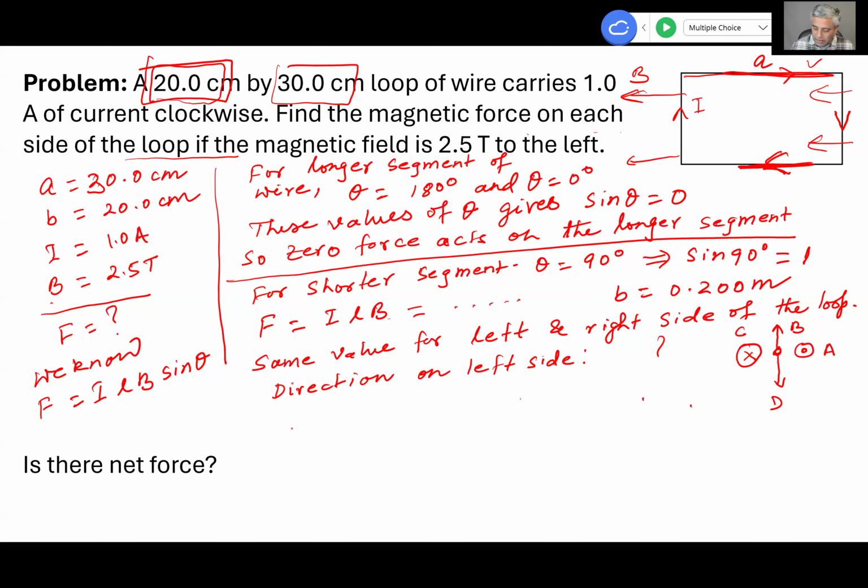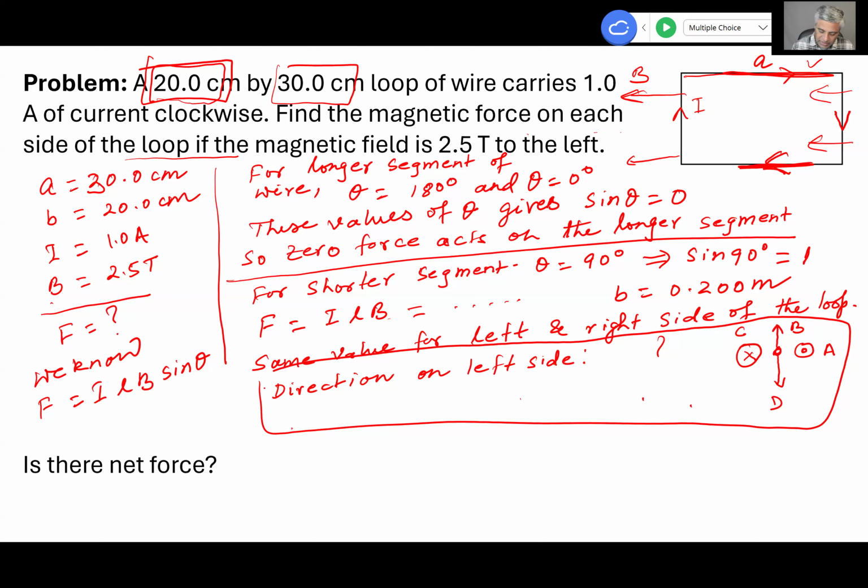I made a clicker question here. Left side means this here. B is going this way and current is going that way. What direction is the force?